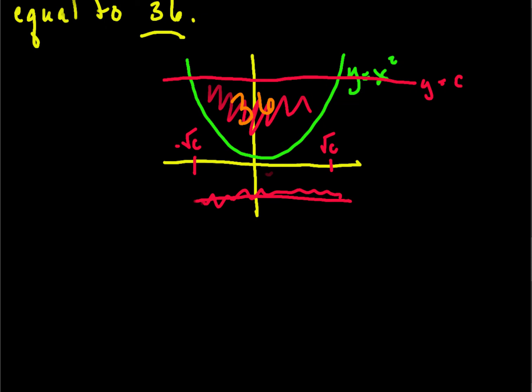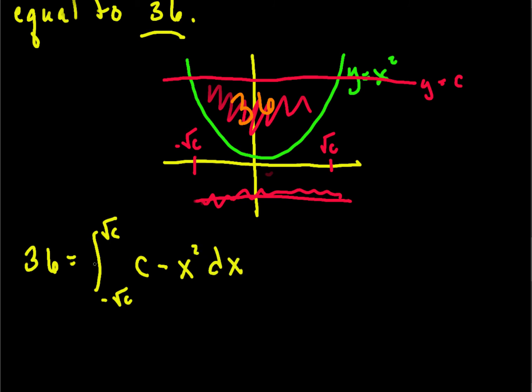So in other words, 36 has to be equal to the integral between negative root c and positive root c. And what's my upper function? It's y equals c, minus the lower function, which is x squared.